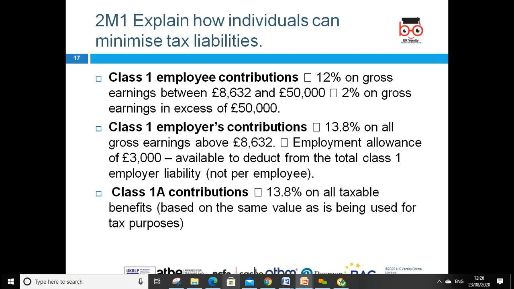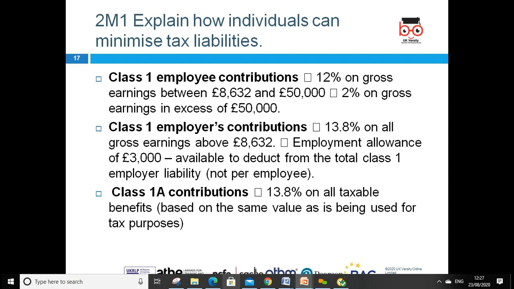You're not paying tax on that up to 12,500, but you're paying the NI contribution if your income is more than 8,600, at 12% up to 50,000. If you're earning more than 50,000, you're paying on gross earning exceeding 50,000 only 2%.